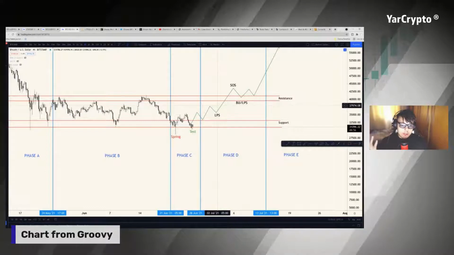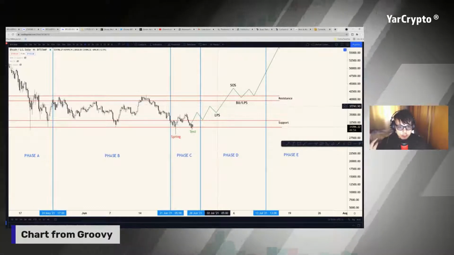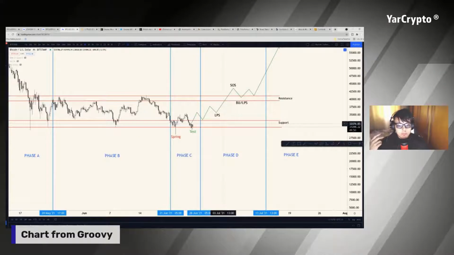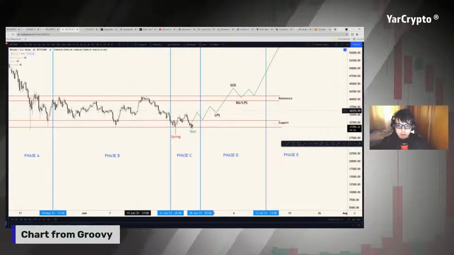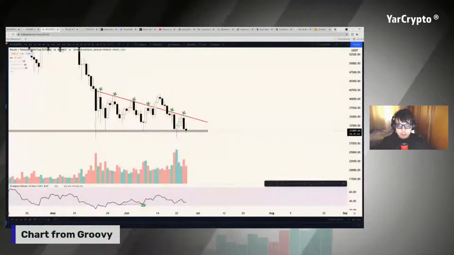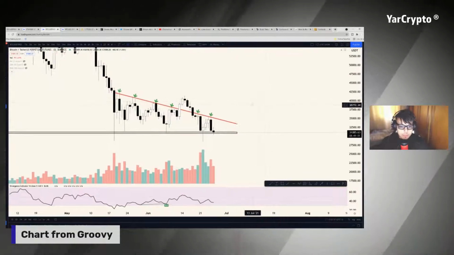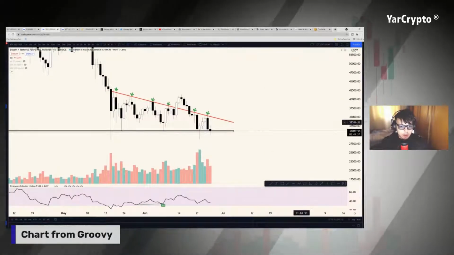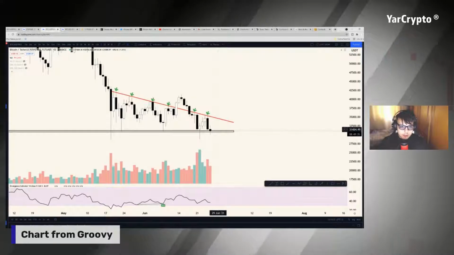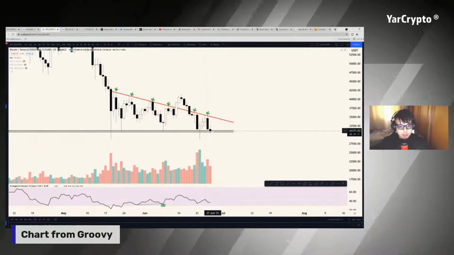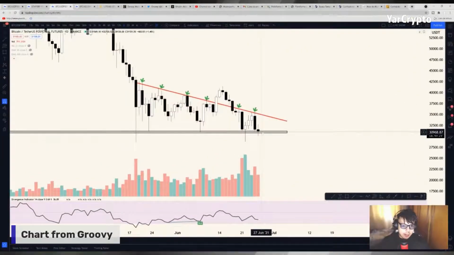So what needs to happen for us to actually bounce from here and validate this model? I'm going to talk to you guys about the current daily chart for BTC, and we have some interesting things going on here. As you can see right now, we are testing this support at the 31k, 30k level, something like that.